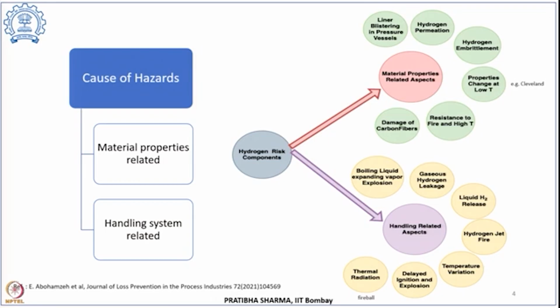Now another material property related hazard could be the change in properties at low or cryogenic temperature. When materials such as containment vessels or pipelines are subjected to liquid hydrogen or low temperature hydrogen, there is a change in their mechanical properties.